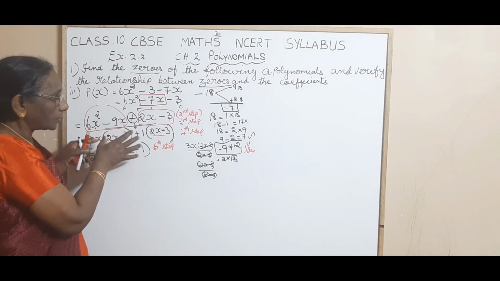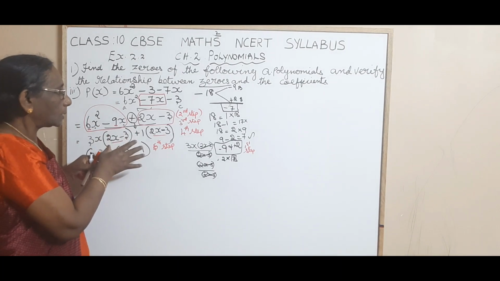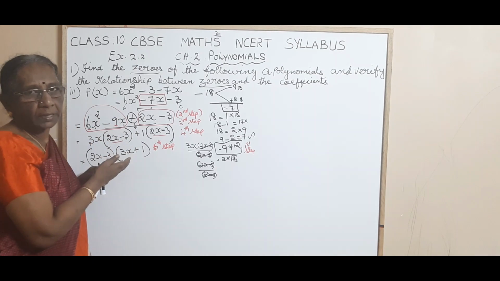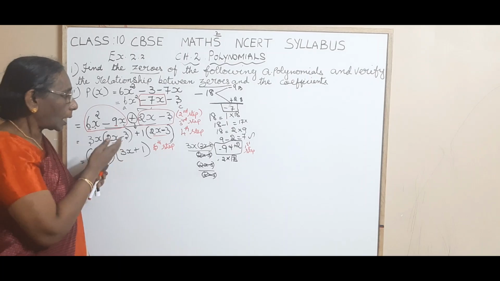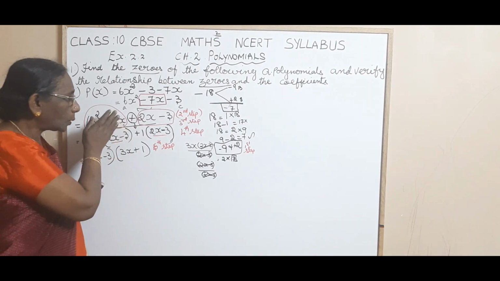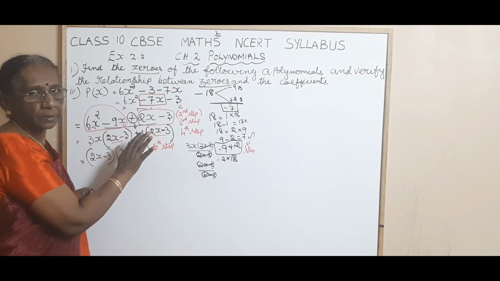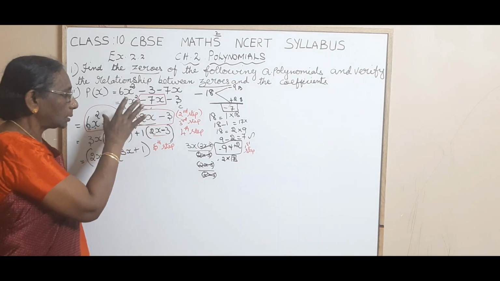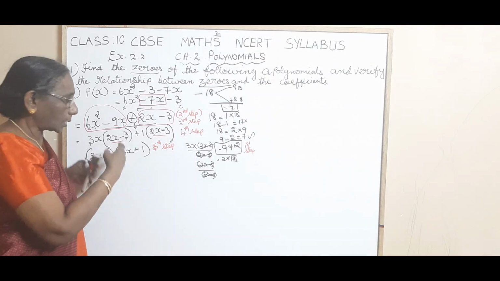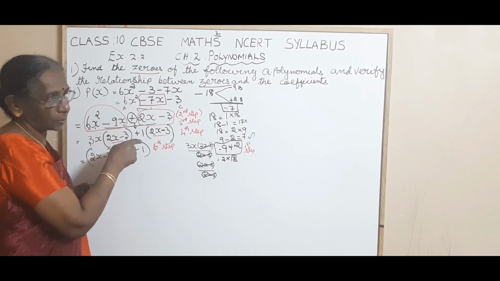I think you may have understood these 2 steps, because children, in CBSE these 2 steps are very important. That's why I am explaining this clearly. So don't get confused with these 2 steps. If you do the sum with this step only, it is correct. When they are correcting in the examination, they will expect these 2 steps.